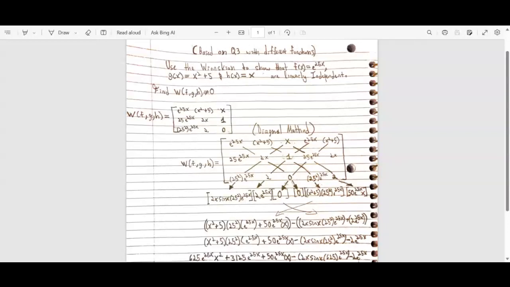When you're putting it into the Wronskian, you're going to have a square matrix. It's going to be a 3 by 3 matrix. Previously it was 2 by 2, but now it's 3 by 3. And the first row right here is just going to be the functions that you're presented with, which is e to the power of 25x, x squared plus 5, and x.